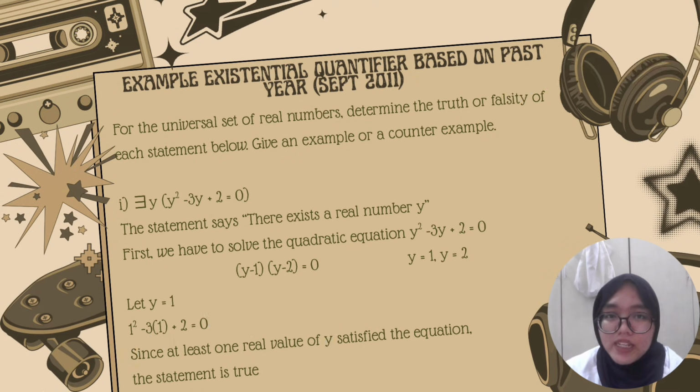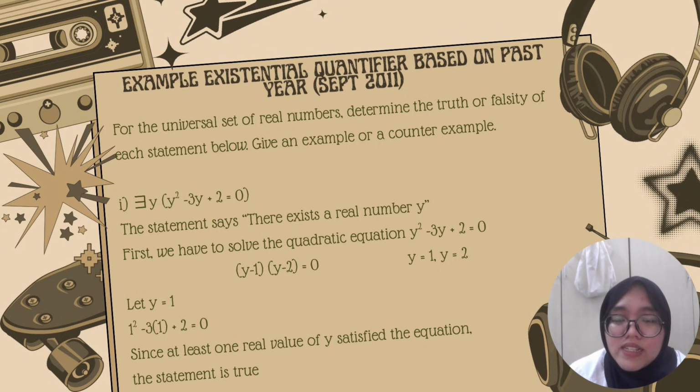For this statement, the universal set is the set of all real numbers. The given statement means there exists a real number y such that y squared minus 3y plus 2 equals 0. First, we have to solve the quadratic equation, which is y squared minus 3y plus 2 equals 0. Factorizing it, we get y minus 1 and y minus 2.